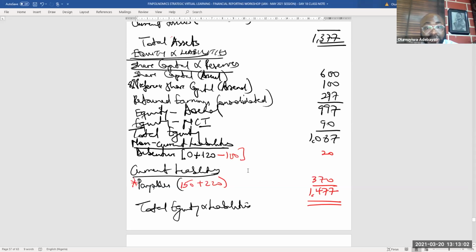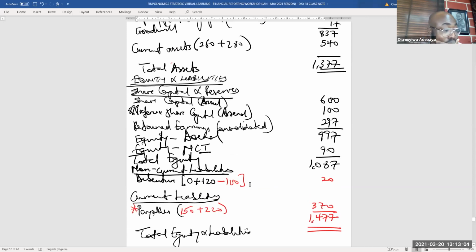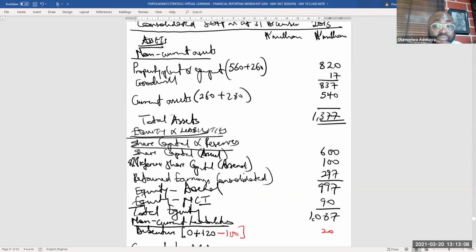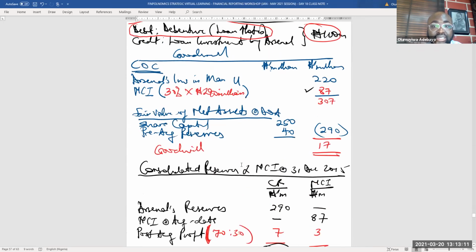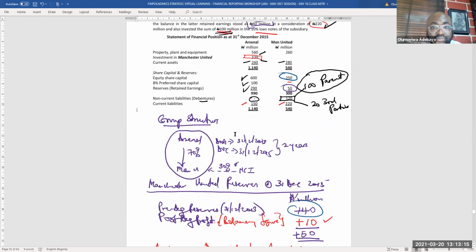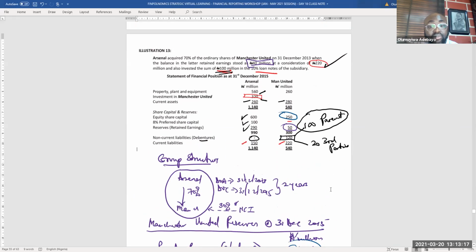Who can tell me why it didn't balance? Look at the question again. Who can tell me why it didn't balance? Maybe it's the debenture.